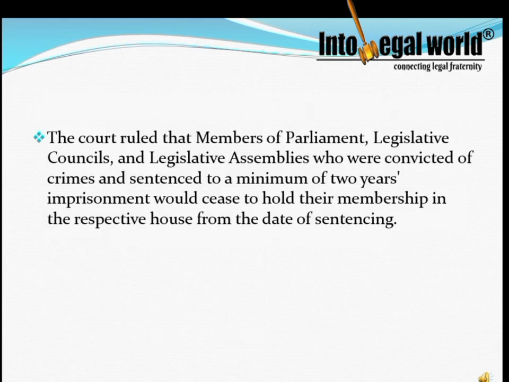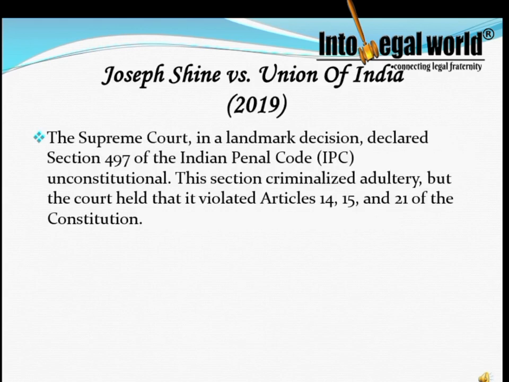The court ruled that members of parliament, legislative councils, and legislative assemblies who were convicted of crimes and sentenced to a minimum of 2 years' imprisonment would cease to hold their membership in the respective house from the date of sentencing. The next case is Joseph Shine versus Union of India 2019.